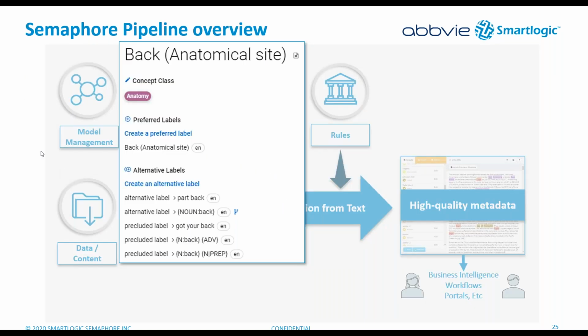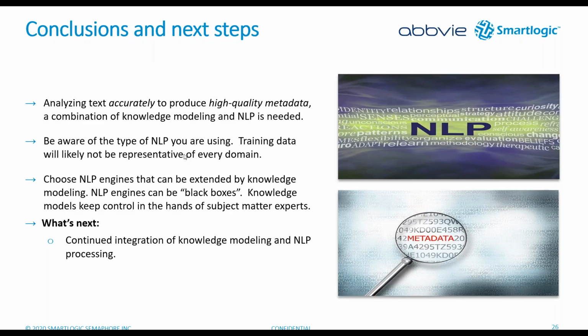And I guess in conclusion, I hope in this presentation we've shown how the combination of the NLP engine plus modeling aspects gives you this level of power and flexibility to find exactly what you're needing and create high quality metadata accurately and traceably. So I could go back and say, well, why is this happening? What can I do to find exactly what I'm looking for?